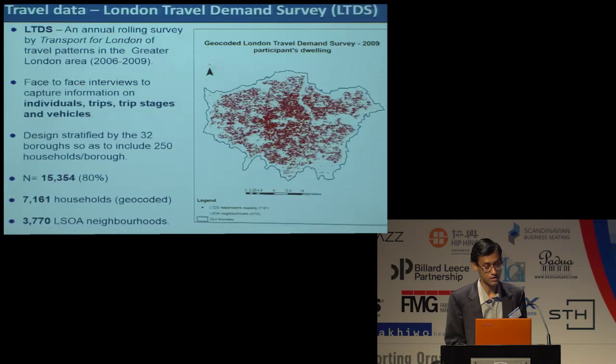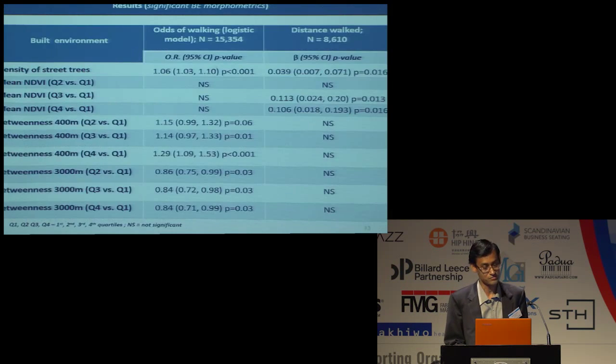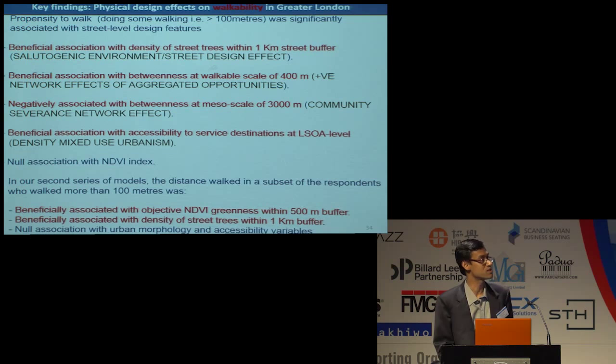Now, this is a recent study exploring the associations between urban health, street design, and walkability within London. It was based on the London Travel Demand Survey for 15,354 individuals. We found that the propensity to walk, that is walking greater than 100 meters, was beneficially associated with density of street trees within a 1 kilometer street buffer, and beneficially associated with betweenness at 400 meters. However, there was a negative association at a mesoscale of 3 kilometers.